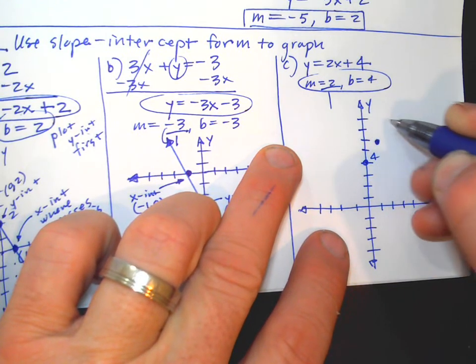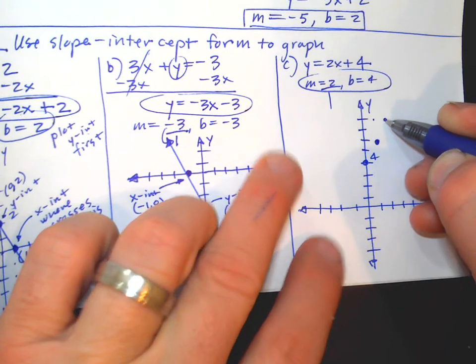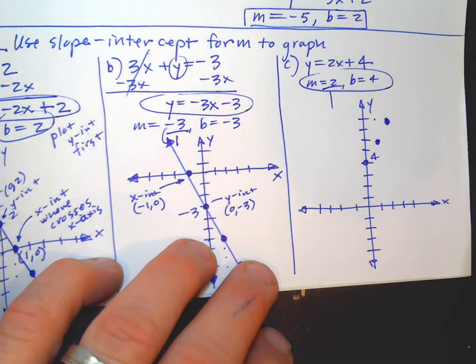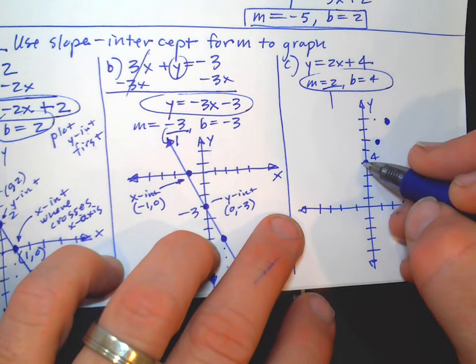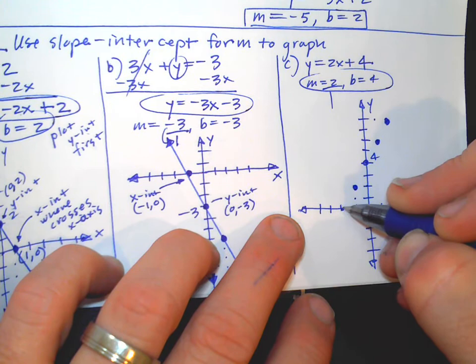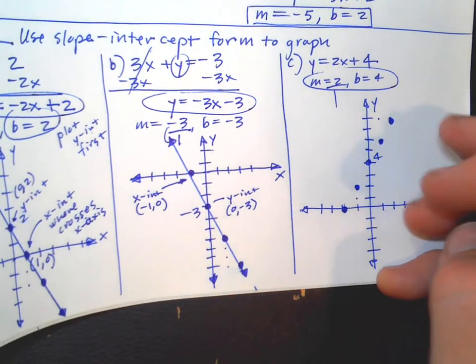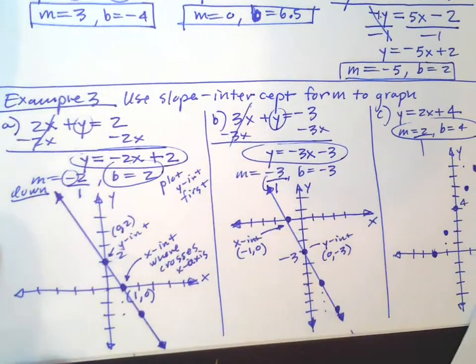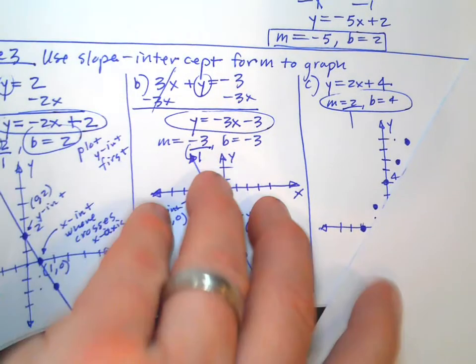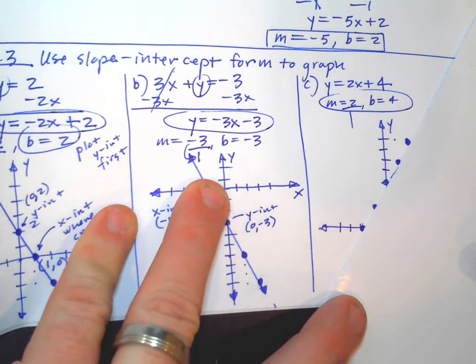Up 2 over 1. Now, maybe we want the x-intercept, so we can go backwards. We go down 2, left 1. Down 2, left 1. And so we get a nice x-intercept. So let's see, we connect it with a straight line.